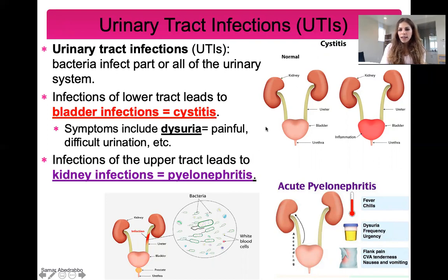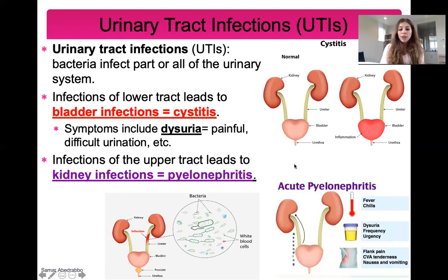Here we have a normal urinary system. Remember with infection in the immune system, we learned that inflammation happens. So here's inflammation happening in the bladder and it's infected. Again, bladder infection is called cystitis in science. Symptoms of bladder infections are painful, difficult urination, and we call that dysuria. So those are the symptoms if someone does have cystitis.